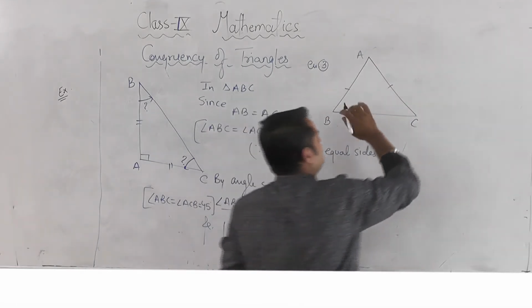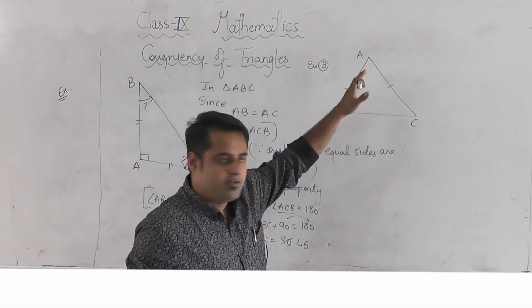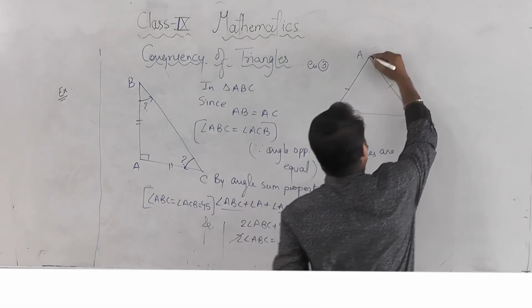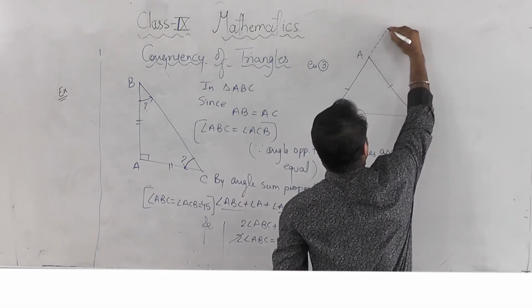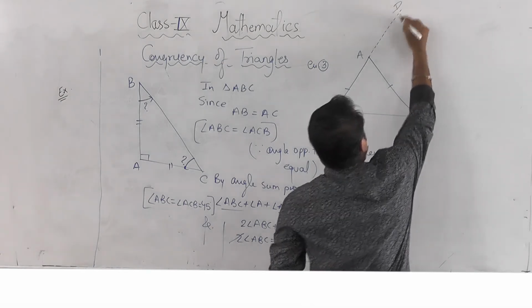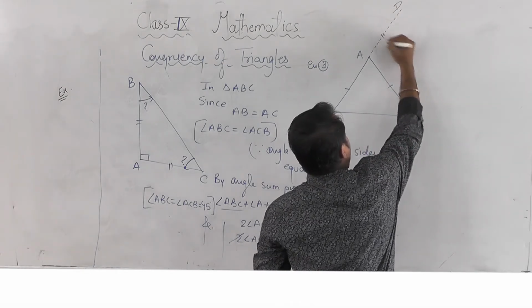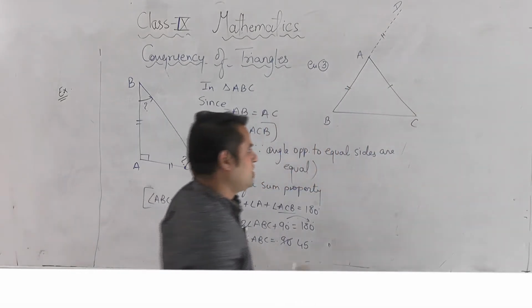What we are doing here is extending this BA on that side, with a dash, up to D, such that AD and AB are also equal. So what is given?